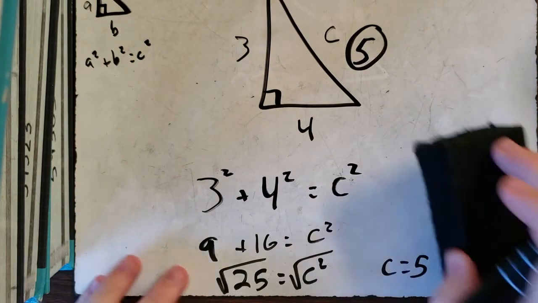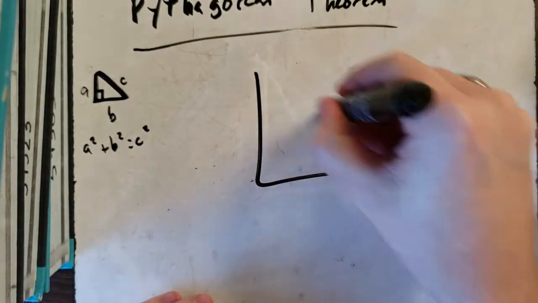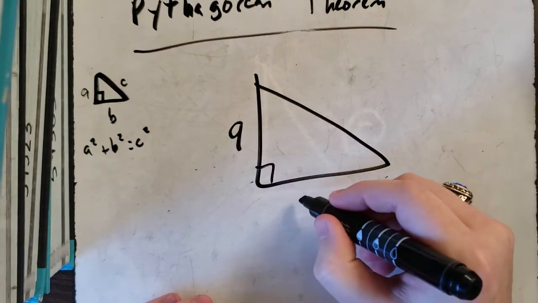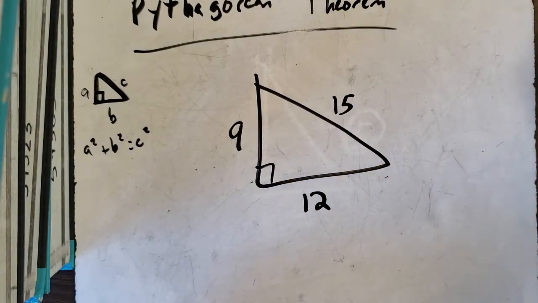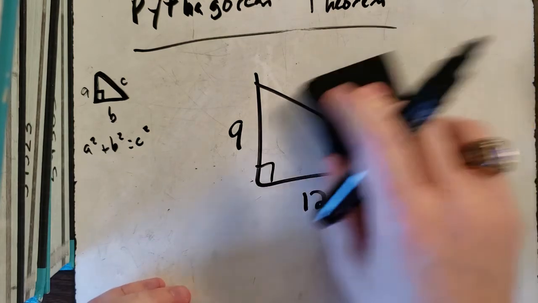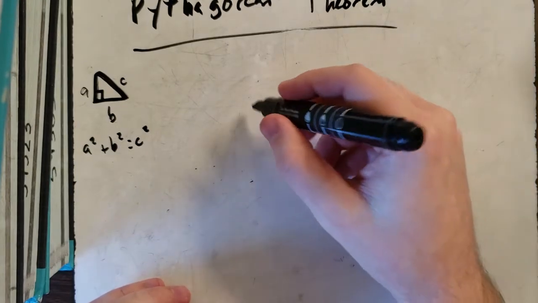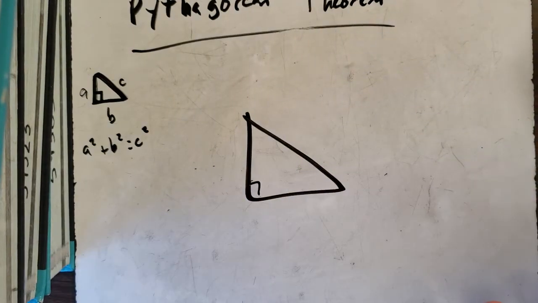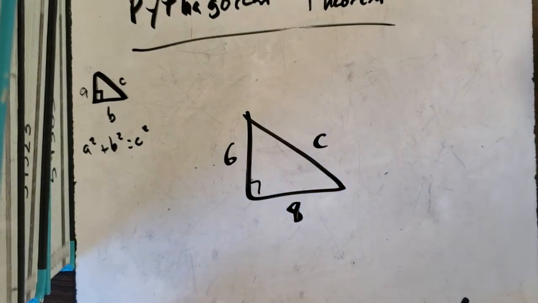So let's do another one. Let's do 6 here, 8 here, and we find our C, okay?